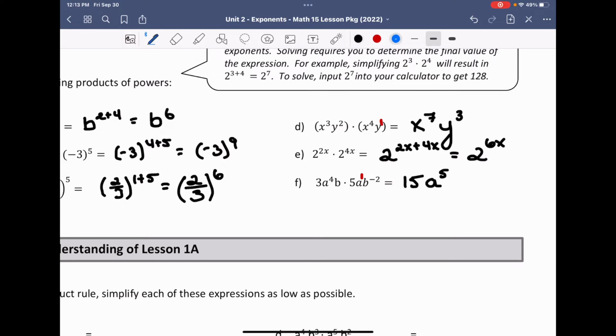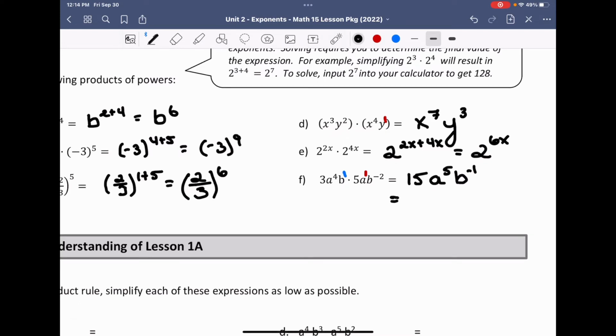Then I have b to the 1 times b to the negative 2. That's like saying b to the 1 plus negative 2, or 1 minus 2, and that means I have b to the negative 1. Now here's the thing we're going to learn very soon in this unit: when I have negative exponents, I want them in terms of positive exponents. So this means I have 15a to the 5.